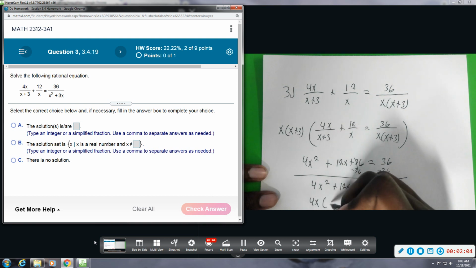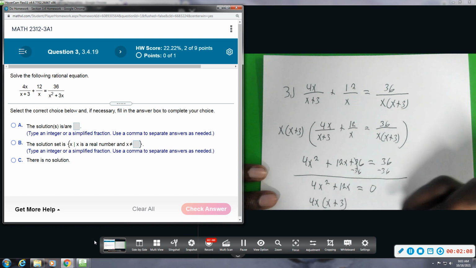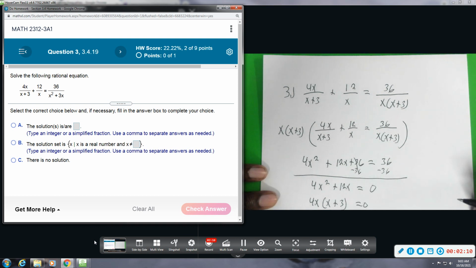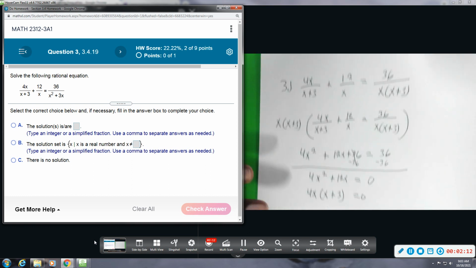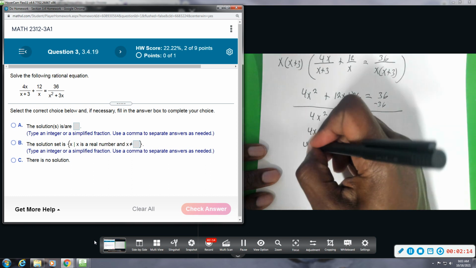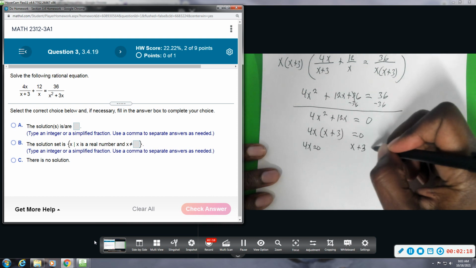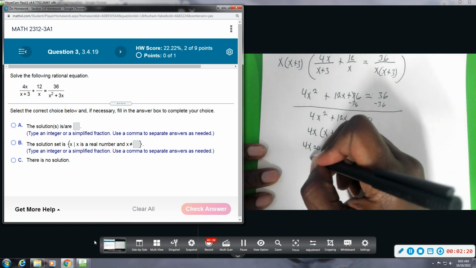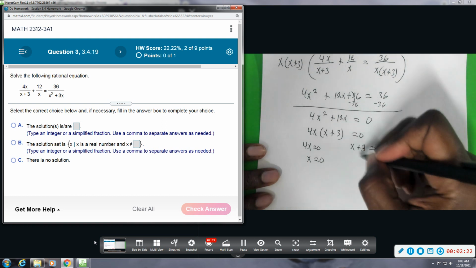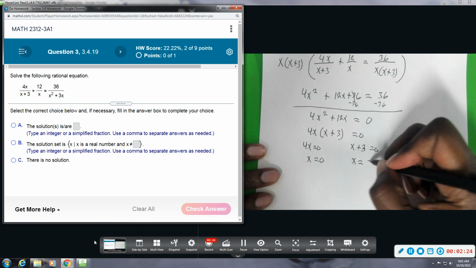That will leave us with x plus 3. And then set both of these terms equal to 0. And so we get 4x equals 0 and x plus 3 equals 0. Divide by 4, you get x equals 0. Subtract 3, you get x equals negative 3.